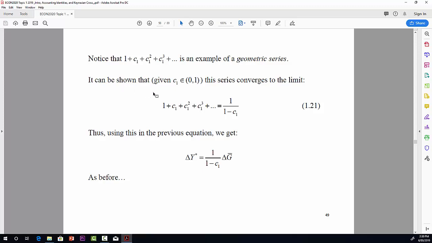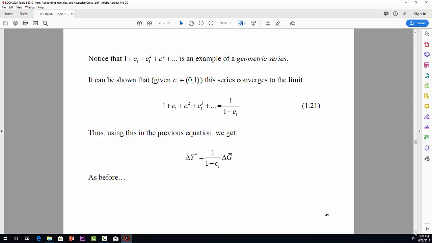In particular, you can show that if C1 is strictly between 0 and 1, a fraction, then 1 plus C1 squared plus C1 cubed, going on forever, is equal to 1 over 1 minus C1, which gives us our result again, that the change in equilibrium Y is going to be equal to all of those summarized in 1 over 1 minus C1 times change in G bar, as before.